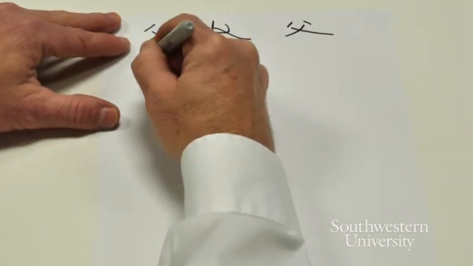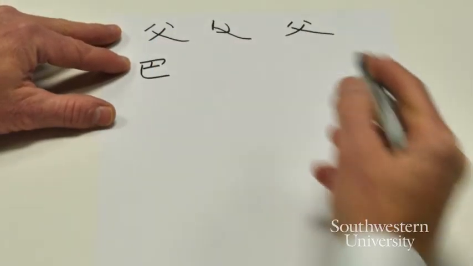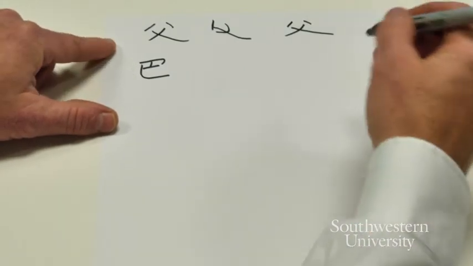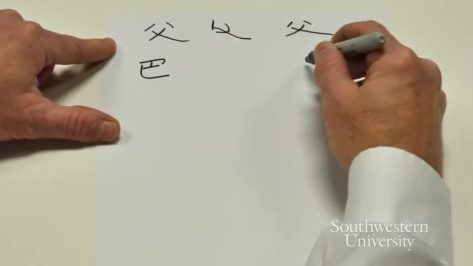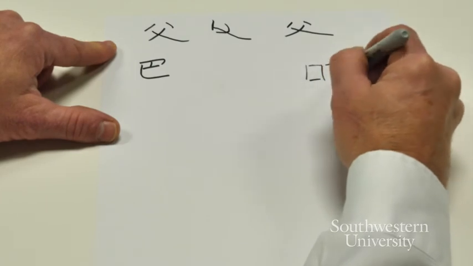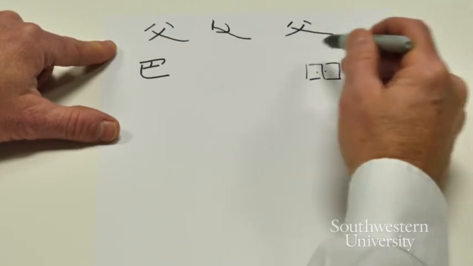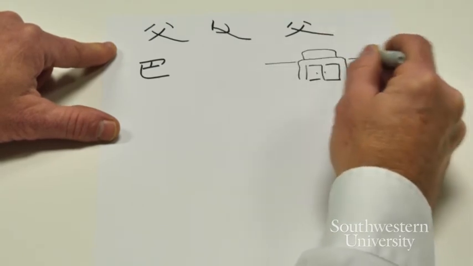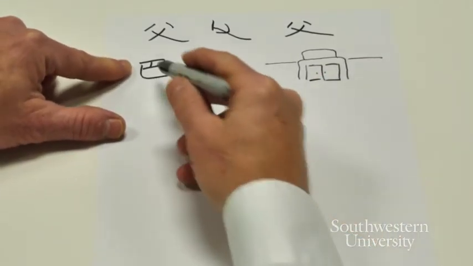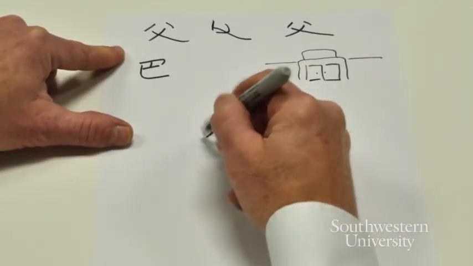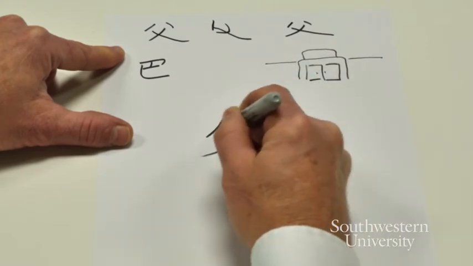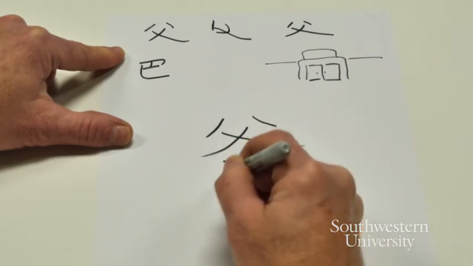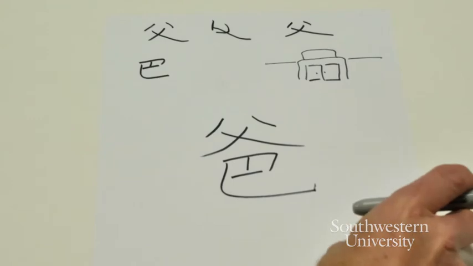The part on the bottom, ba, is phonetic, and it is a depiction of a city gate again. So you've got a gate tower. The gate would be like this, these huge gates that would keep the city safe. These would be enormous, and then the tower built to protect it, and then the wall along here. So ba is just phonetic. Pie, dian, pie, na, heng, zhe, shu, heng, shu, wan, gou, ba.